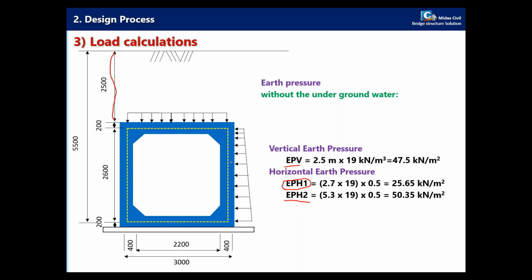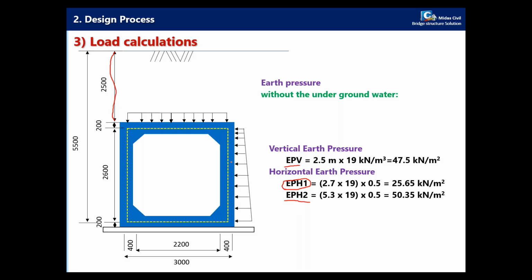So you add this distance plus 0.2, which gives you 2.7, times the unit weight of the soil times 0.5. This is the value of the horizontal earth pressure. This is the coefficient of earth pressure, as I explained before.